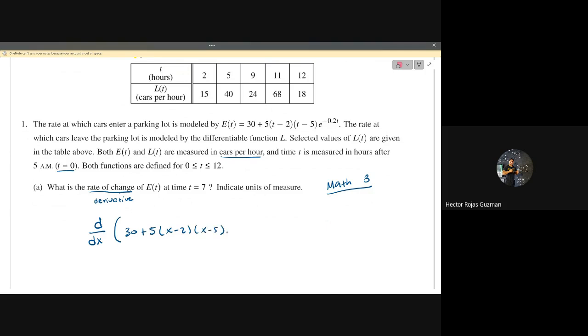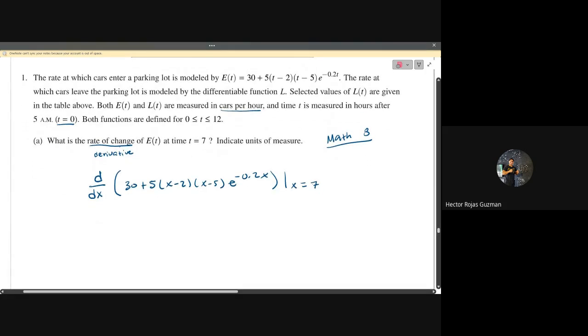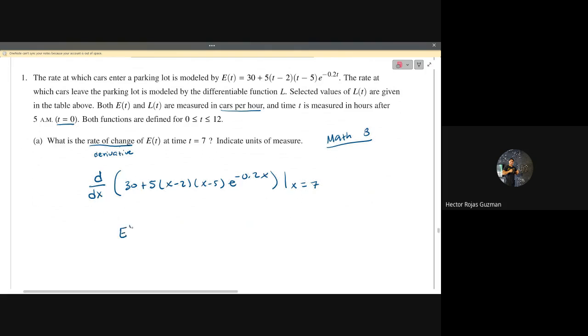But in reality, what you have to show is just basically say E prime of 7 equals, and then give your answer, which is 6.165 cars per hour squared.